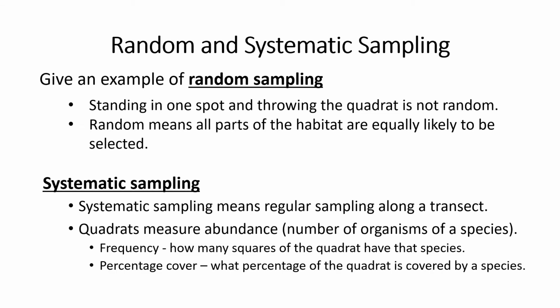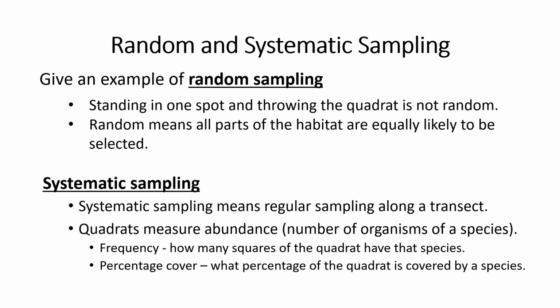Remember, we have to make sure that the number of organisms is the frequency, or when we're using quadrats, we can talk about percentage cover, and you've got to make sure you're using the right one at the right time. For things like grass and moss, the individual plants are so small you wouldn't talk about the frequency, you would talk about the percentage cover: what percentage of the quadrat was covered with that particular species.